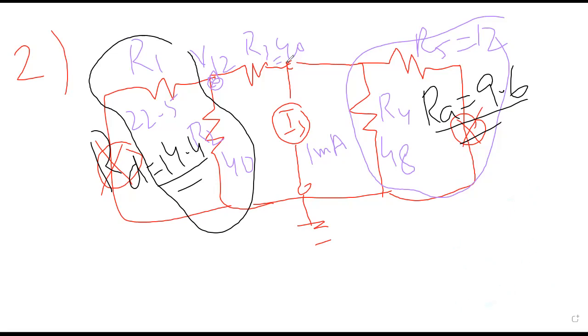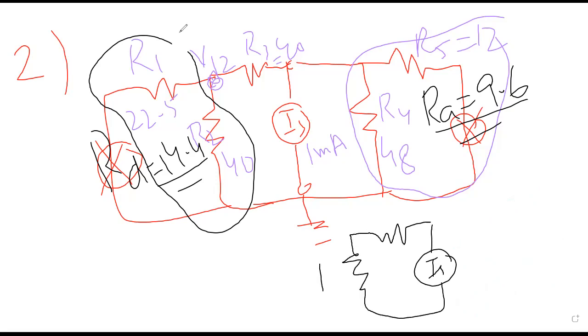Now the new circuit is this: this is my IS, this is my R3, this will be the value of RD, and this is my RA.